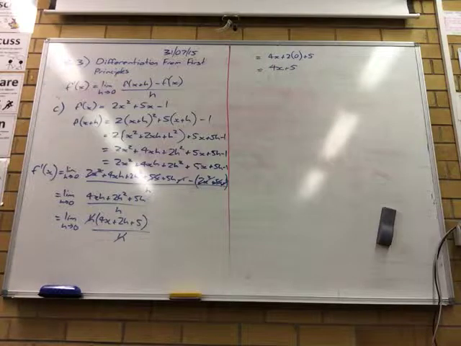So the point on the curve where x equals 1, what is the gradient of the tangent? At the point where x equals 1 on the curve, what is the gradient of the tangent? It is 9. Everyone see where that came from?